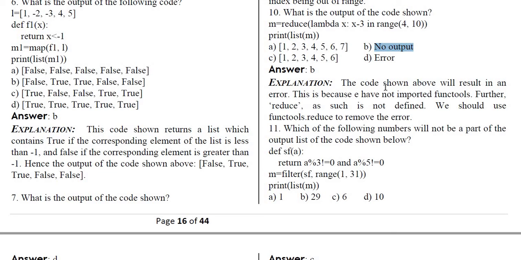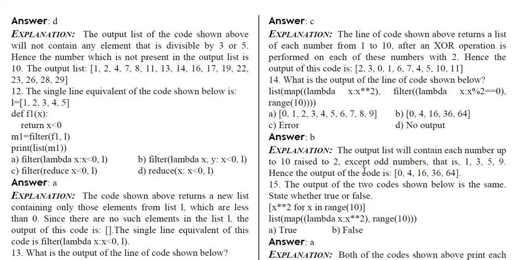Now next we will see which of the following numbers will not be a part of the output list of the code shown below. Here it will print list M, and M is filter over range 1 comma 31. It will return the numbers whose modulus 3 is not equal to 0 and modulus 5 is also not equal to 0.